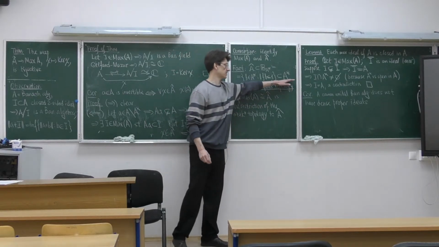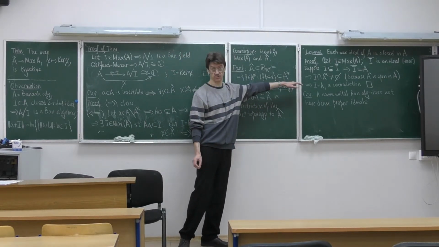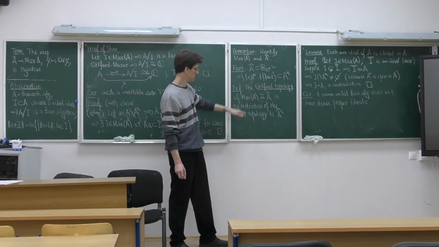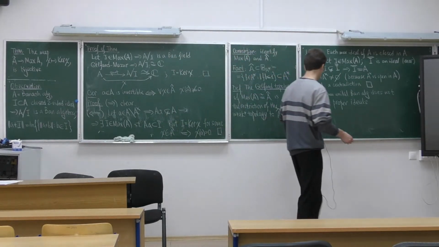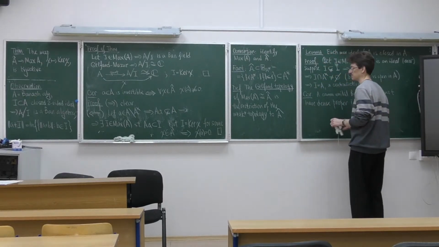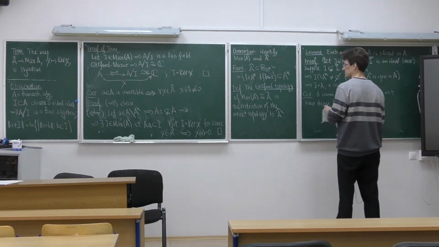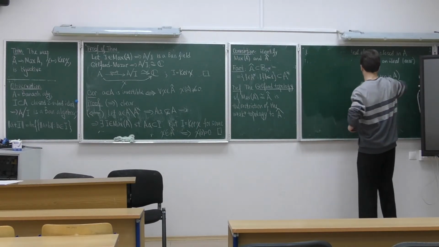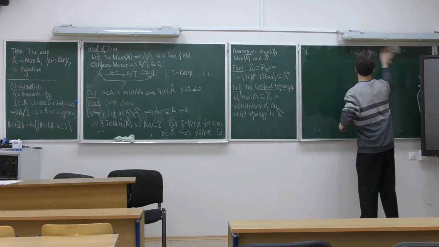The weak star topology is defined on the dual space. We take the restriction to A hat, and what we get is the Gelfand topology on the spectrum. So the maximal spectrum becomes a topological space.